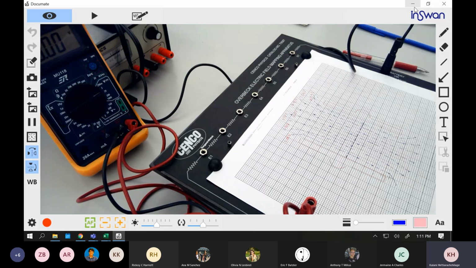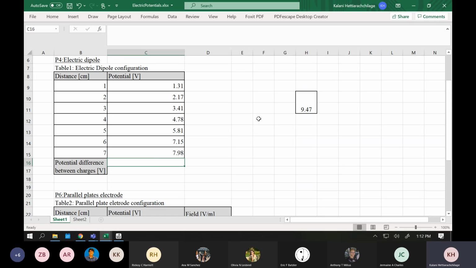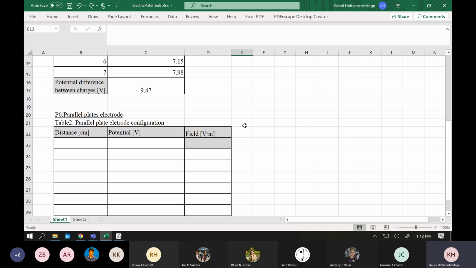So now let's input those into the Excel sheet. So that will be this number. Okay, so now distance again, everything is around 1 centimeter, so we can use 1 centimeter.